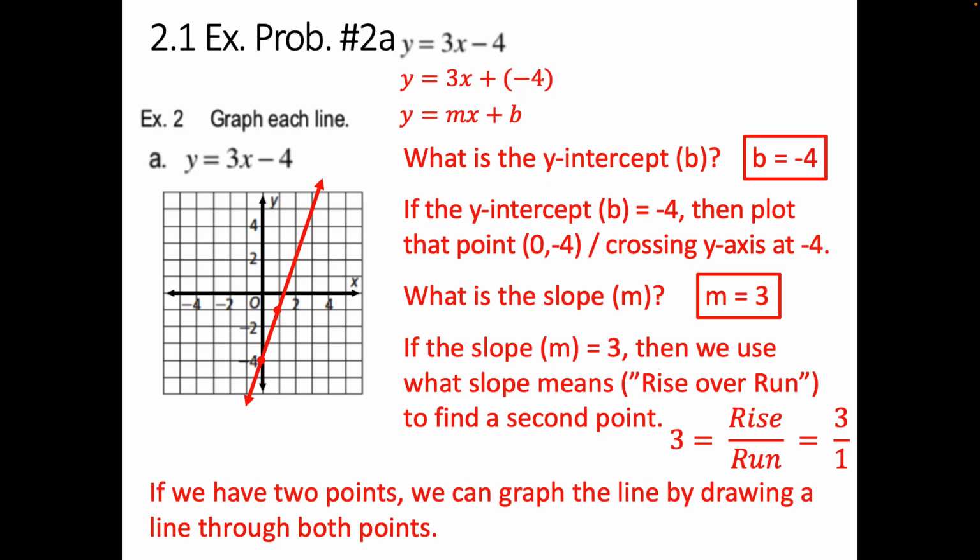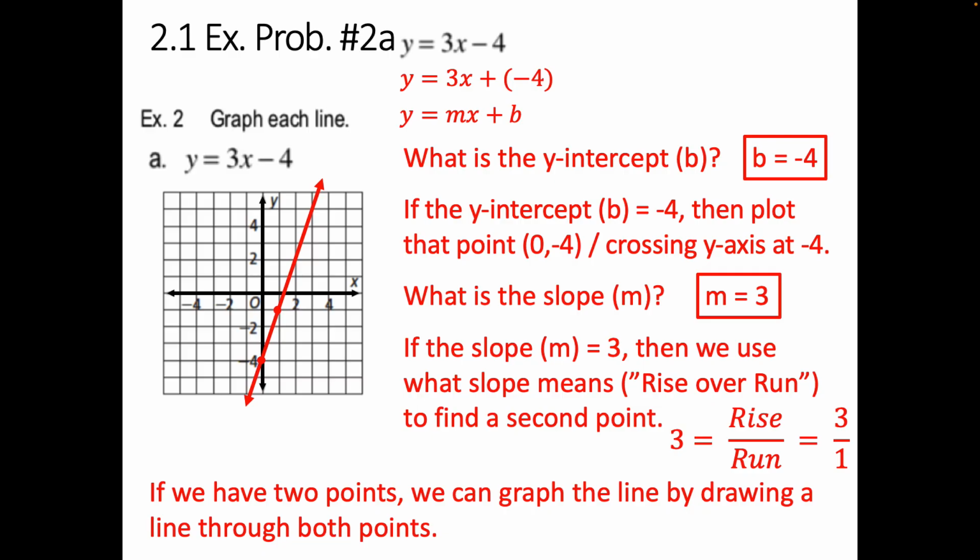So doing these problems, I put it in slope-intercept form, y equals mx plus b, which we did. And then we found out what b is. We begin with b. In this case, we began with b at negative 4, so I know it crosses at negative 4. It's at the point 0, negative 4. Then we find out what m is, m for slope, but m where we move from that first point.